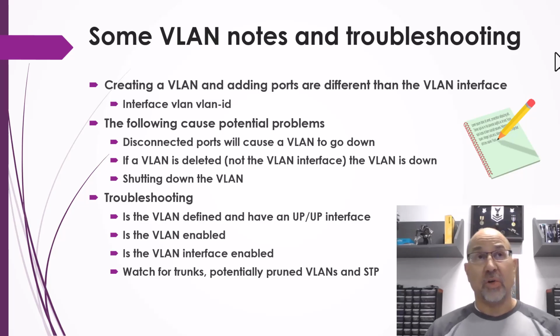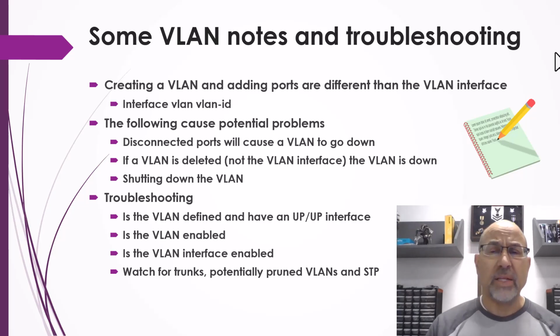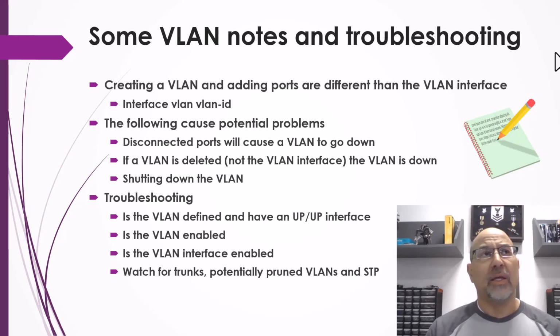You can also go to the VLAN commands and say no to a VLAN. And so these are all ways of accessing the VLAN in a different way, or controlling different aspects of the VLAN. So that's important to remember. And I think this is actually one of the questions in the "Do you know this already" section of the chapter. What happens when you shut down or delete a VLAN?